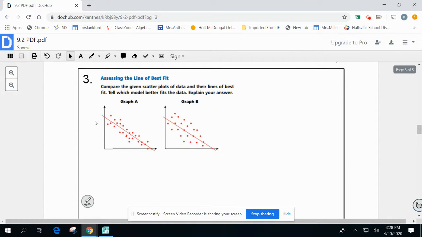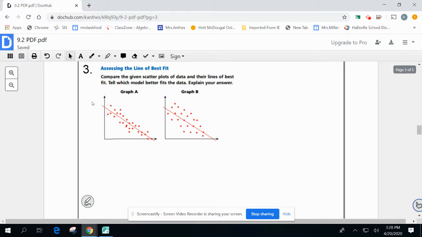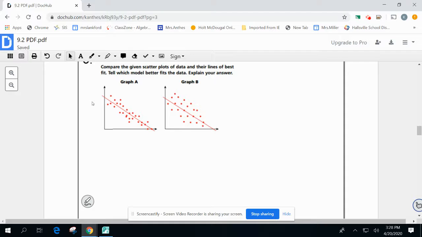Number three, okay, so what we're going to do here is compare the given scatter plots of the data and their lines of best fit. Tell which model fits the data better and explain your answer. There's really no right or wrong answer as long as you can explain it. My opinion is that graph A fits the line of best fit better because the points are closer to the line.